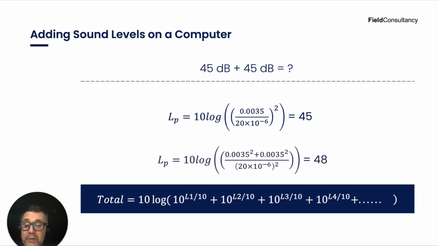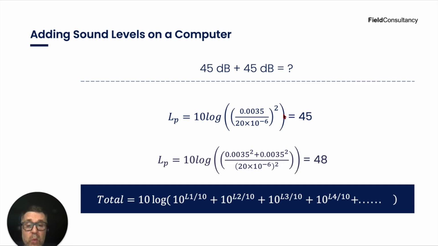So if we do the reverse engineering of the calculation, you can see here that to get to 45 decibels for one source of sound, it would be a pressure of 0.0035 divided by that reference sound pressure I talked about earlier, which is 20 micropascals.